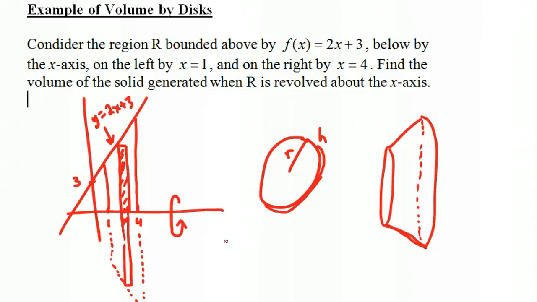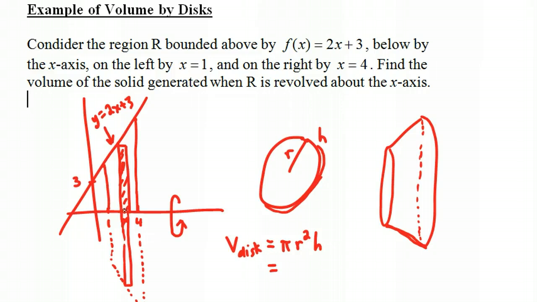Now what is the volume of this disk? The volume of a cylinder is pi r squared h. But what is the r and what is the h? The h is the little height, this little distance, and that corresponds to the width of this rectangle. We call the width of these rectangles delta x, so h is just delta x. Now what is the radius?